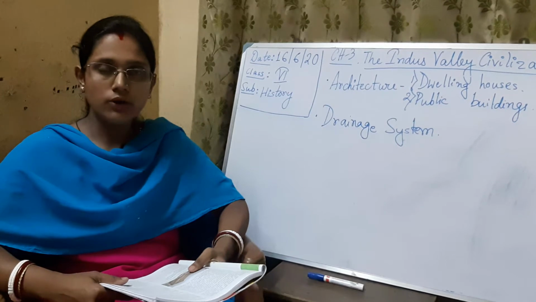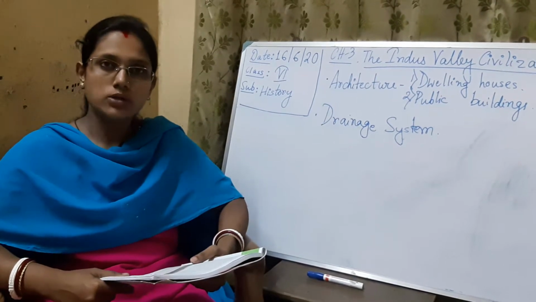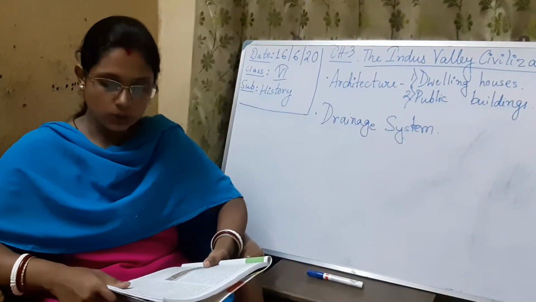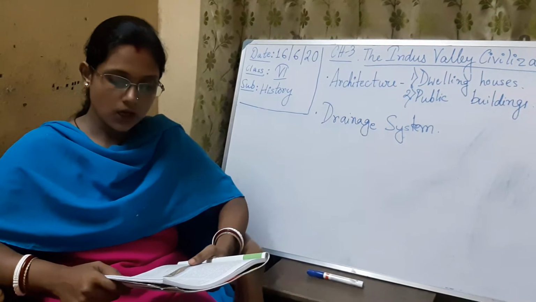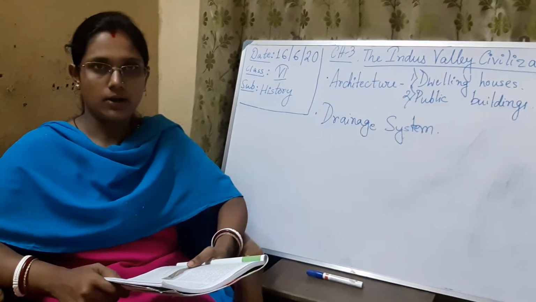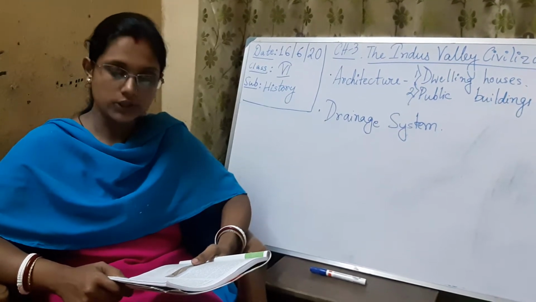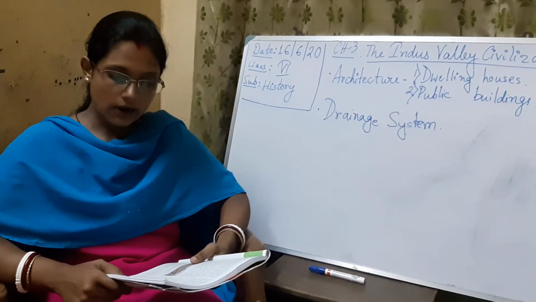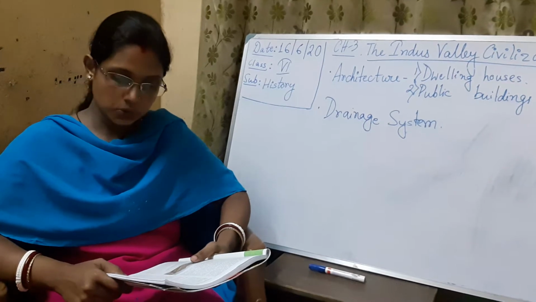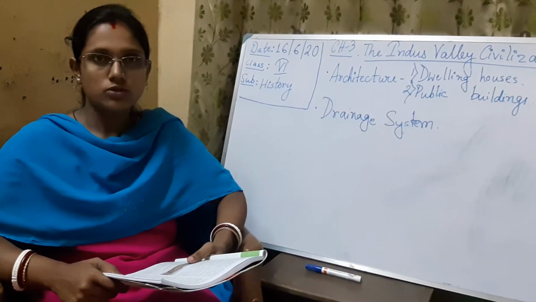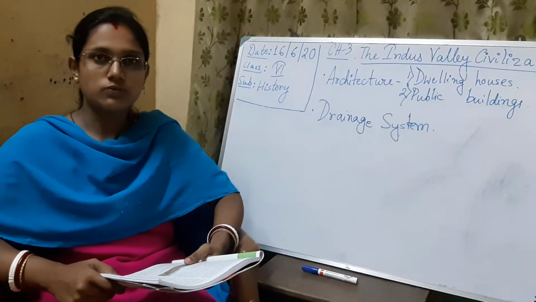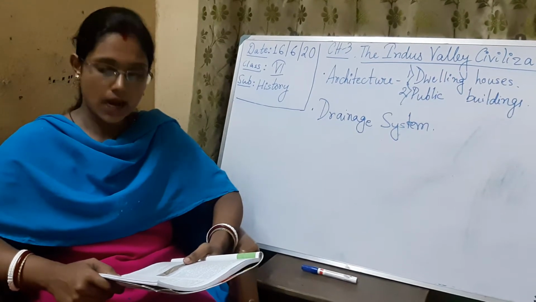So in every house there was a courtyard, and around the courtyard there were rooms, a bathroom, a kitchen and a well. Now a narrow staircase led to the room upstairs. So there was a staircase also, but it was not wide, it was narrow.